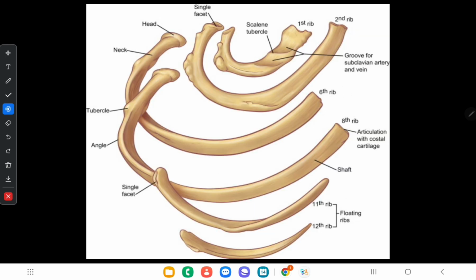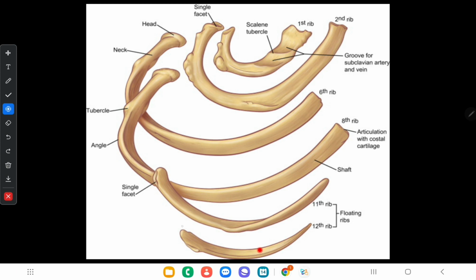From this picture, you can see the 11th and 12th ribs. In the 11th rib, there is only one facet in the head. There are no two facets for the articulation with the vertebra. This rib is also shorter than the others, and there is no tubercle. Also there is no subcostal groove. This is the 12th rib.